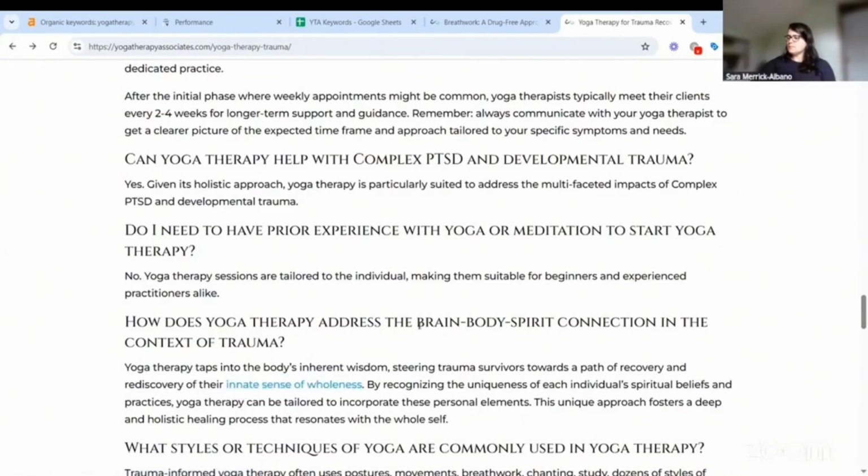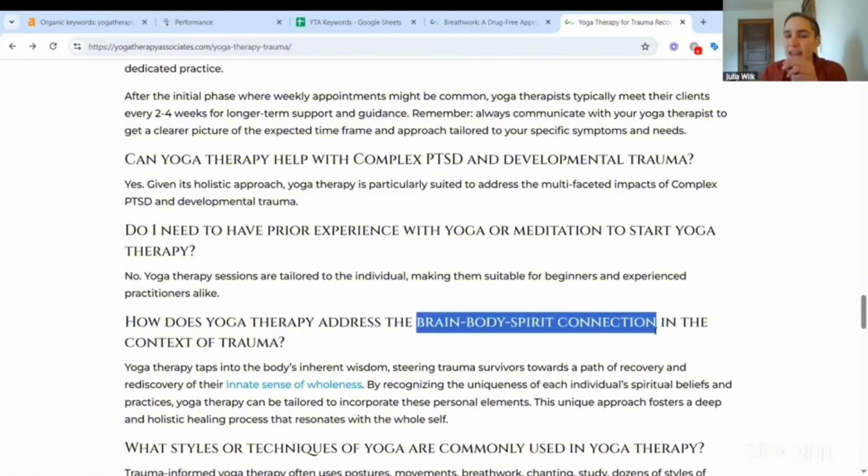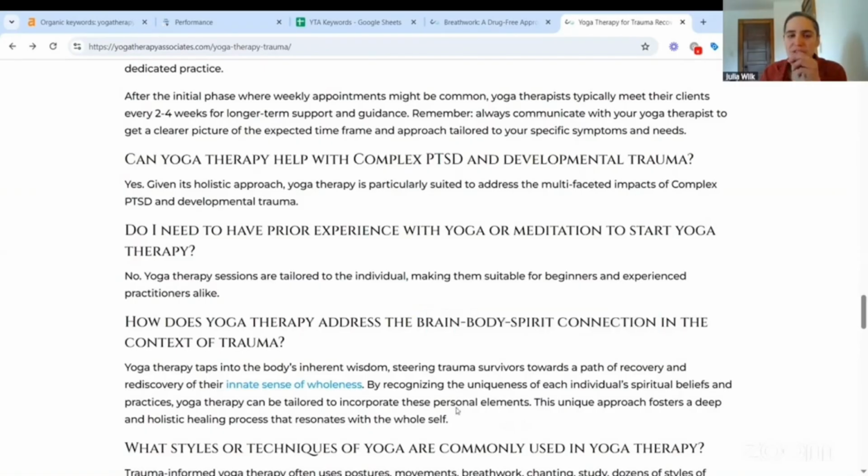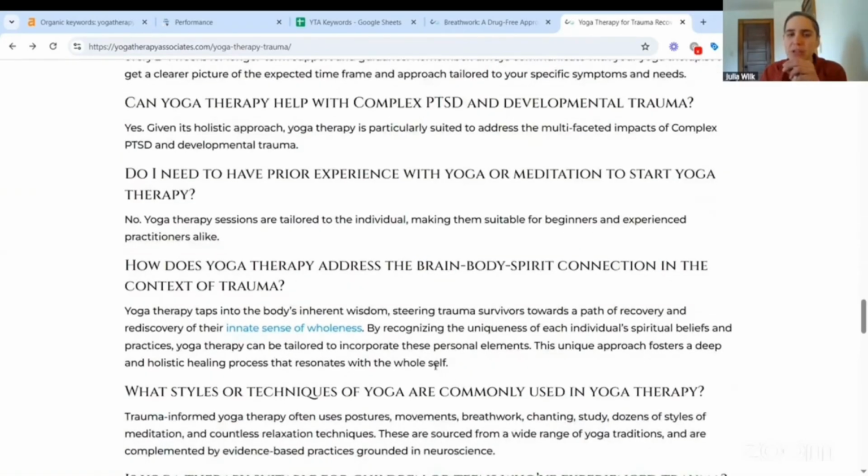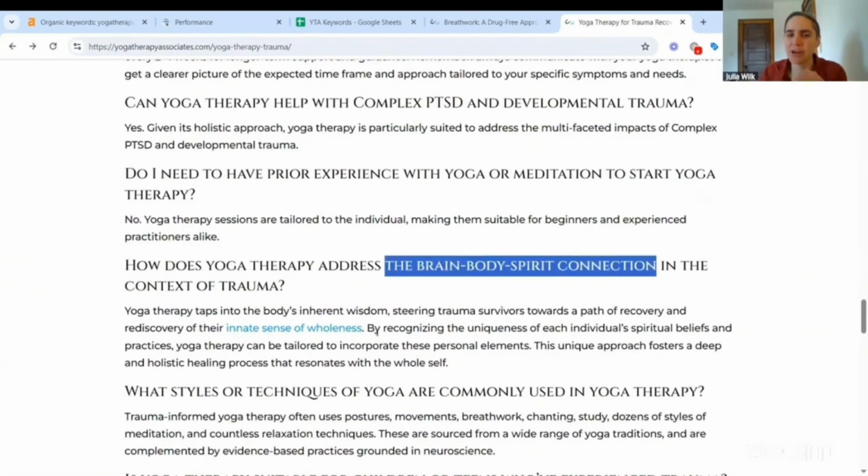You have brain, body, spirit connection in the heading here, but then it's not mentioned in the paragraph below. Yeah. I would repeat this phrase in the paragraph below, and I would make that the link, because then Google's going to be like, okay, you highlighted the phrase brain, body, spirit connection, you linked it, and when people click it, they end up at a page that is titled containing brain, body, spirit connection.